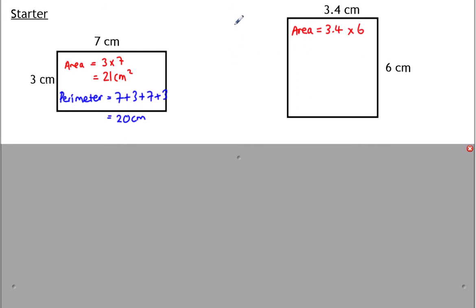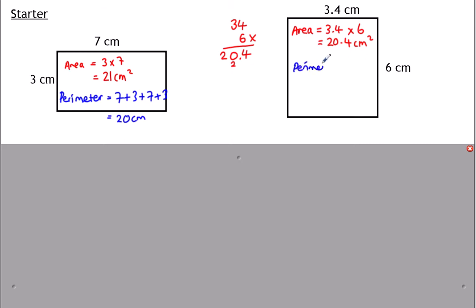A little bit trickier on this side, so the area is 3.4 times 6, and the easiest way to do that is to do 34 times 6 and put the decimal point back in afterwards. So 6 times 4 is 24, 6 times 3 is 18, with the other 2 is 20. So instead of 204, it'll be 20.4. So 20.4 centimetres squared.